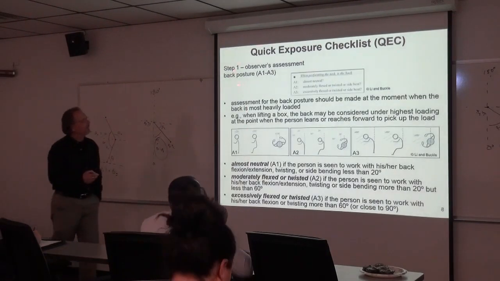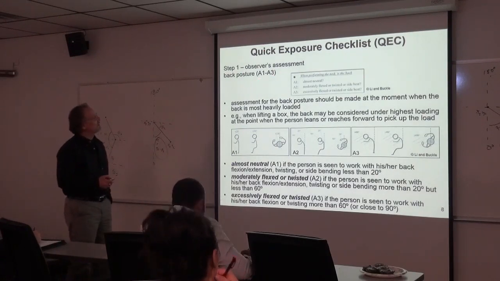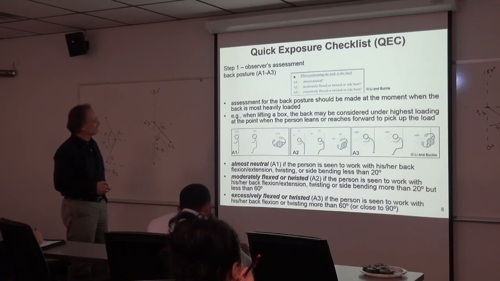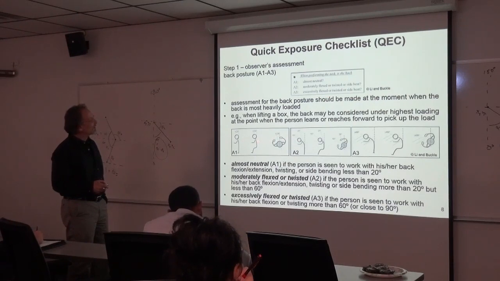First one is back posture. Is it almost neutral, moderately flexed or side bent, excessively flexed or side bent? These are the definitions of what is almost neutral, moderate, and excessive.